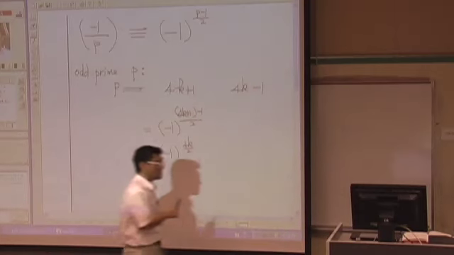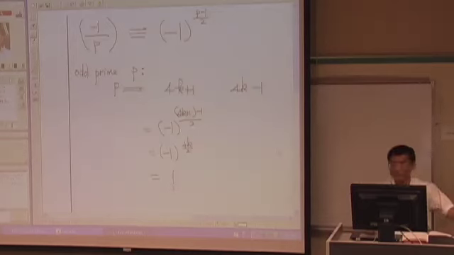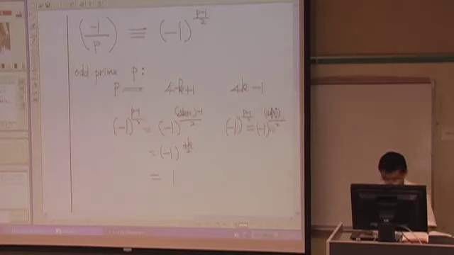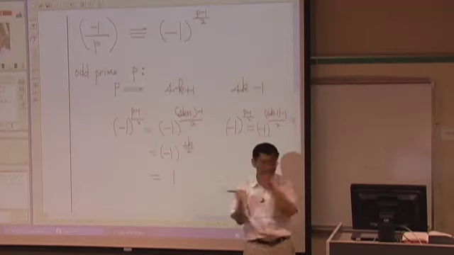If it is 4K minus 1 or 4K plus 3 type, then, oh, I wrote this, you might be confused, so I will say minus 1 to the power of this equals, right? And then the same property, minus 1 to the power of (P minus 1) over 2 becomes negative 1. Then 4K minus 1 minus 1.